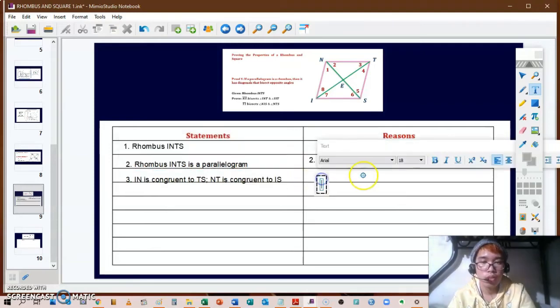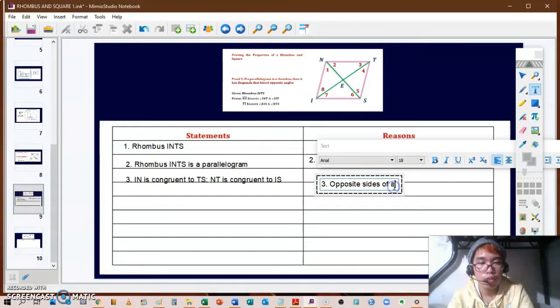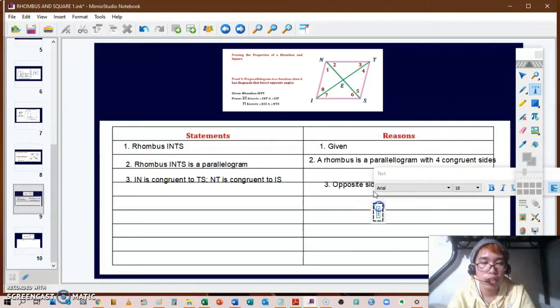So we can write here: opposite sides of a rhombus are congruent, because it's a property of a rhombus that it has 4 congruent sides. Opposite sides of a rhombus are congruent. So we can write that here.